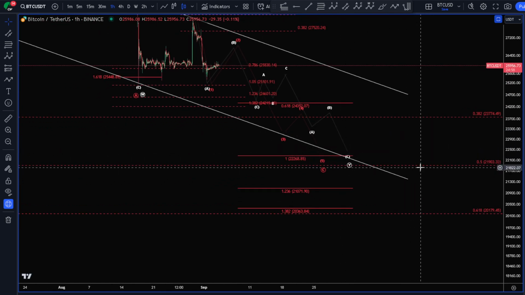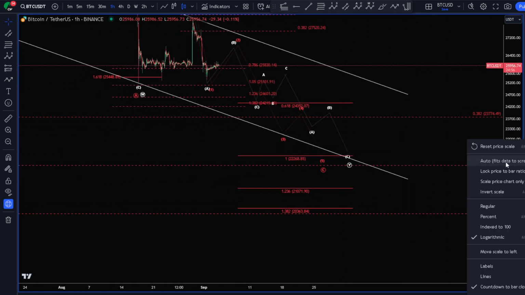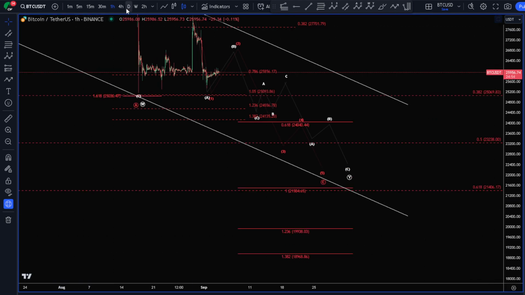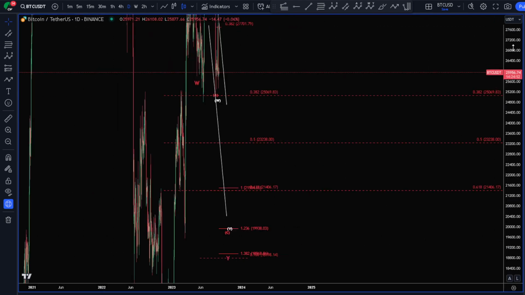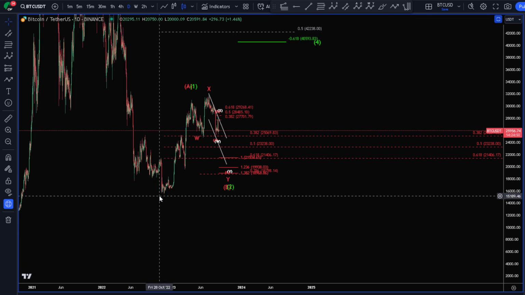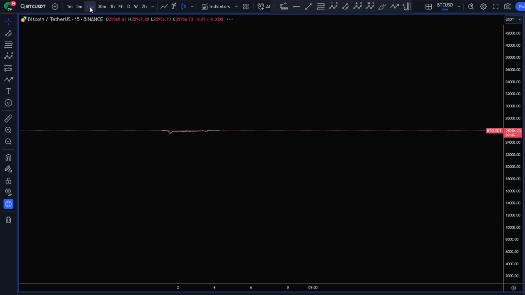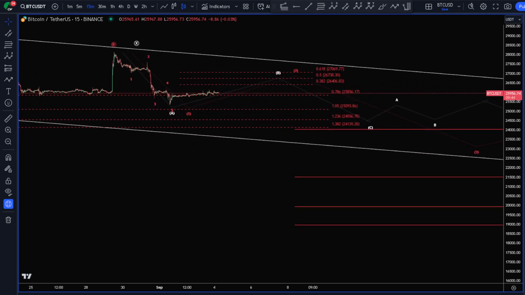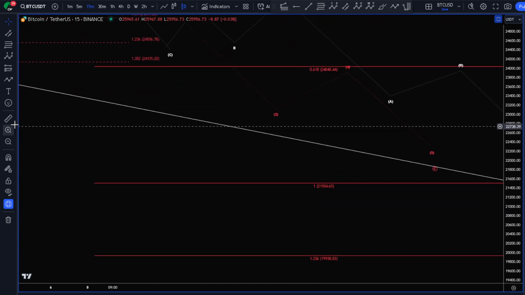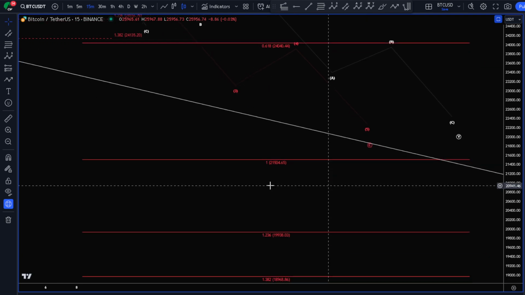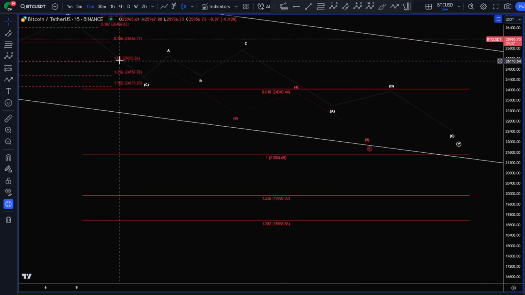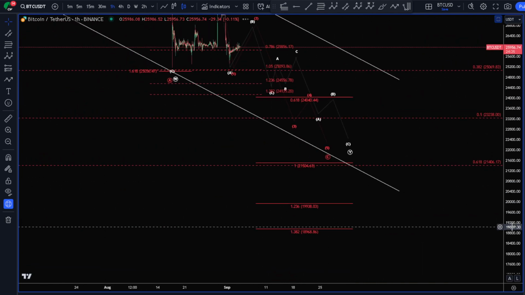As you can see, the 1-to-1 is right above the 50 of the larger up move. If I go to the daily, you know what I'm talking about. That's the retracement of this A wave down at the 15-minute level, sorry, the hourly.